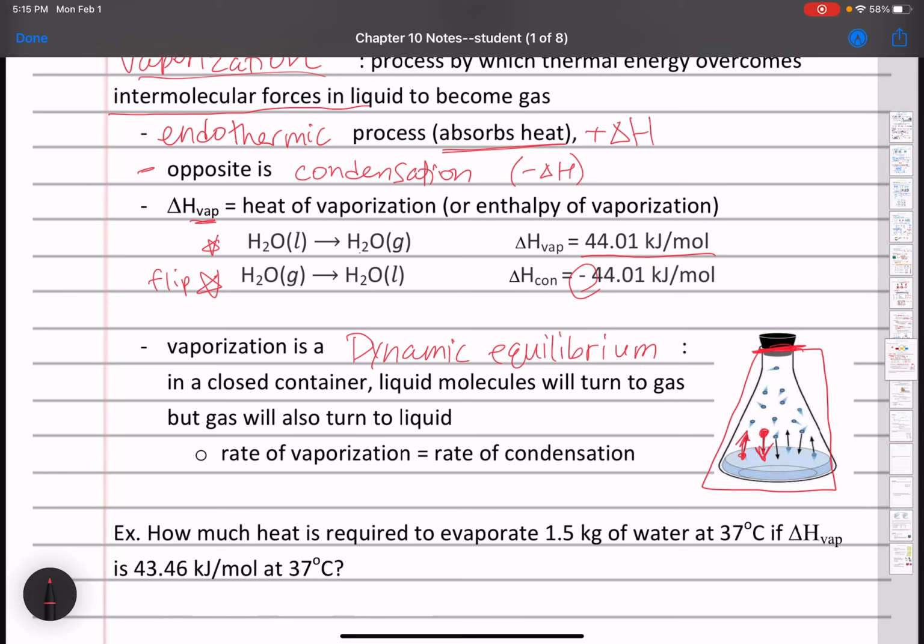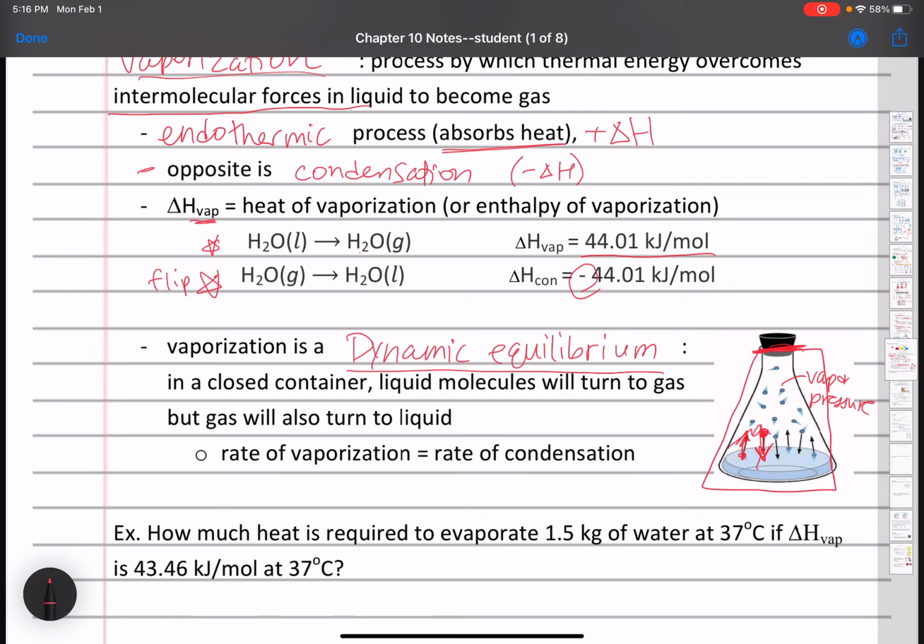And when we have that, we can measure the vapor pressure. The vapor pressure is the pressure of the gas after this dynamic equilibrium is established. It's dynamic because it's not like you've finally reached the maximum amount of gas that will fit in that space and no more gas fits there. It's not that molecules stop going into the gaseous state.